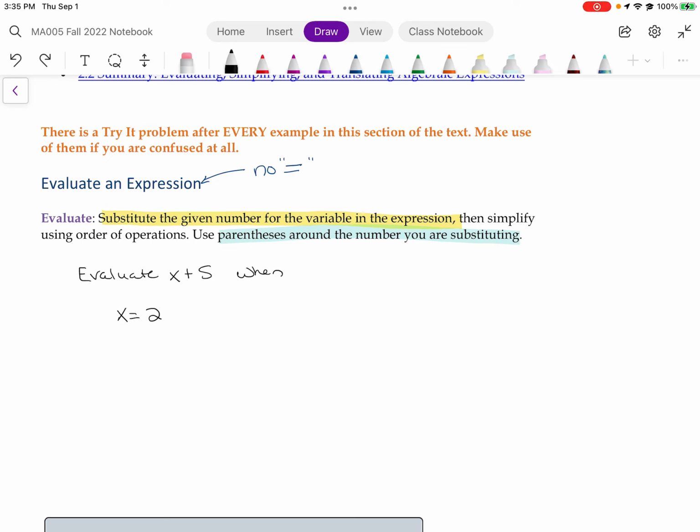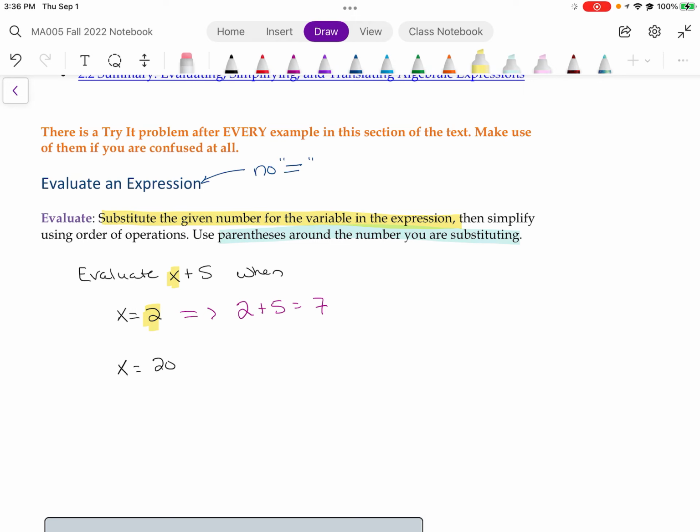All right, so we're evaluating. That means we are going to plug this 2 in where we see an x in the expression. So instead of an x, I'm going to put that 2 in plus 5, and I get 7. The next, I'll do it again. Let's say, what if x equals 20?